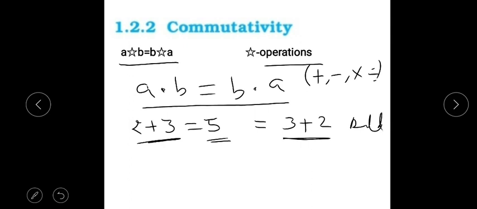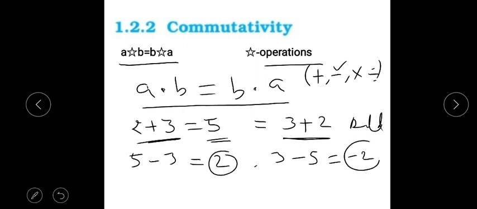Similarly, let's check the second operation, say subtraction. Suppose I subtract 3 from 5, it would result in 2. But if I subtract 5 from 3, then the result would be minus 2. Here you can see that the results are not the same.